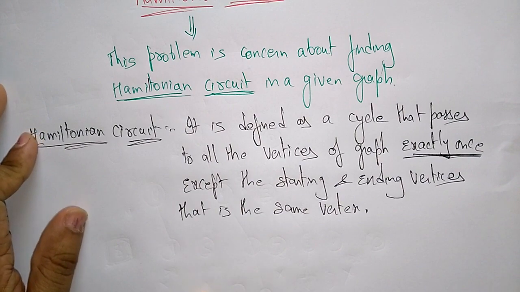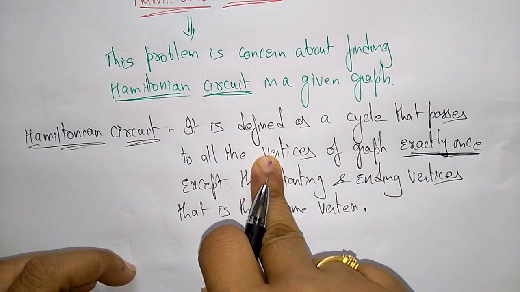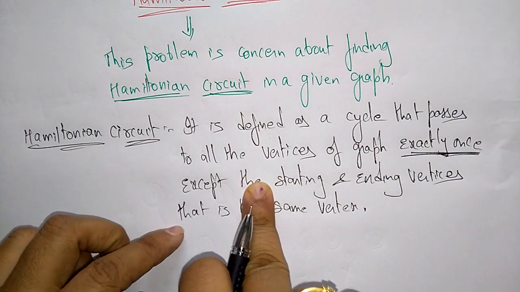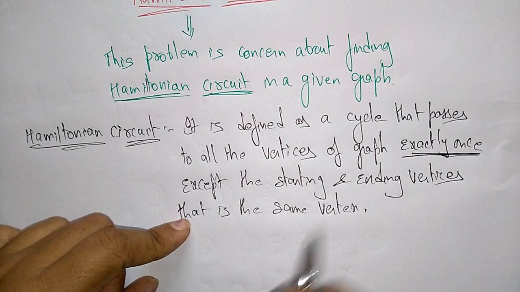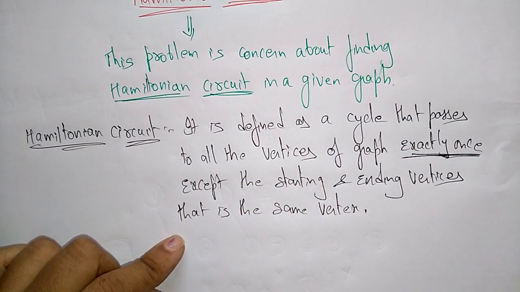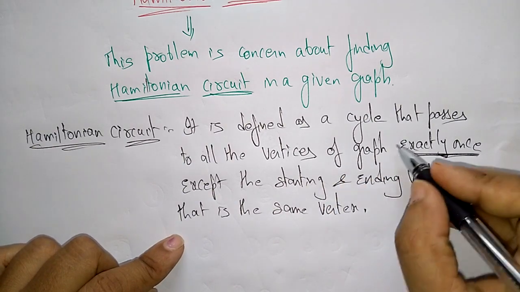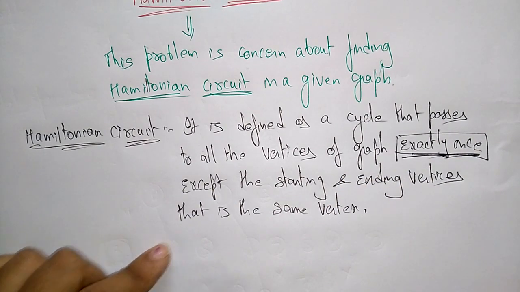Once we don't get the solution, we break down that path, go back, and find another possible path. In that possible path, all the vertices should be visited exactly once.